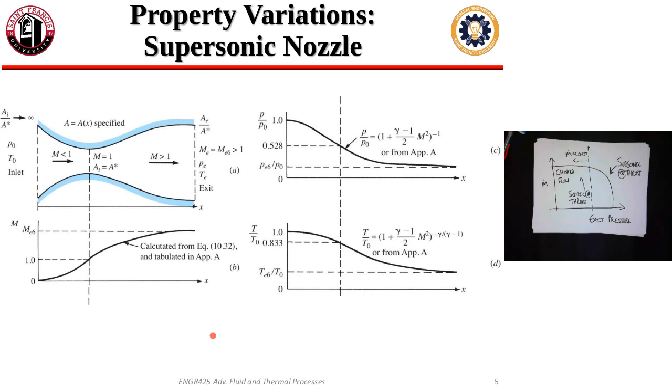If we think back to our original discussion, pressure variations travel at the speed of sound, right? Well, the flow is moving at the speed of sound in choked flow by definition. So as fast as the pressure variation is trying to go upstream, the flow is moving in the opposite direction. It can't migrate upstream because the flow is moving downstream as fast as the pressure variation is moving upstream.